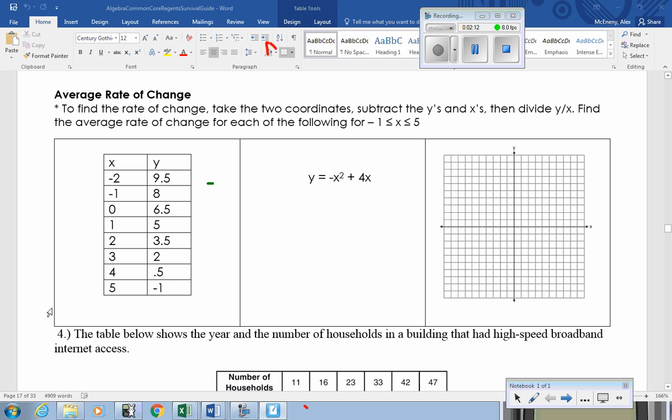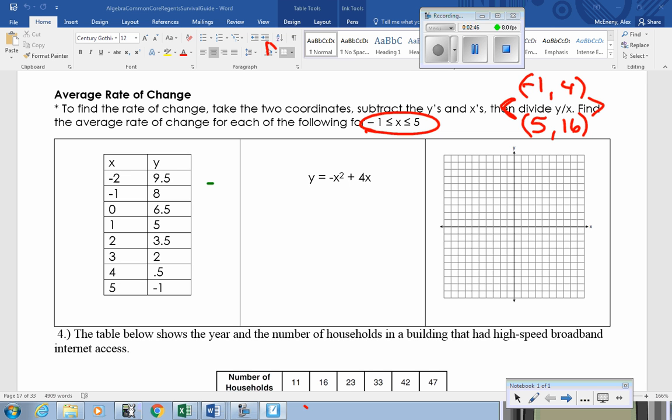Okay. So this one's asking for a rate of change for everything in the tables from -1 to 5. So when you have one of those, what you're going to want to do is take and find the y values for those x values. For example, if I had, let's say, -1, 4, and then I had 5 and, let's call this one 16, to find that average rate of change, you want to subtract the y's and the x's.